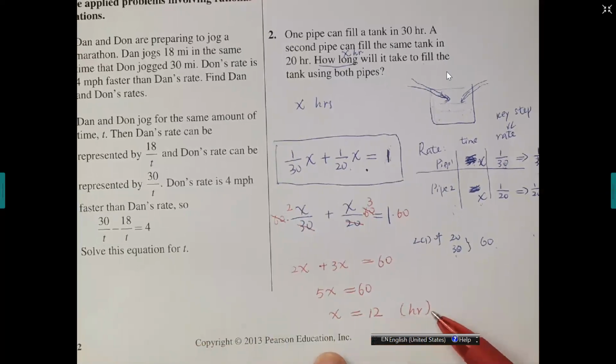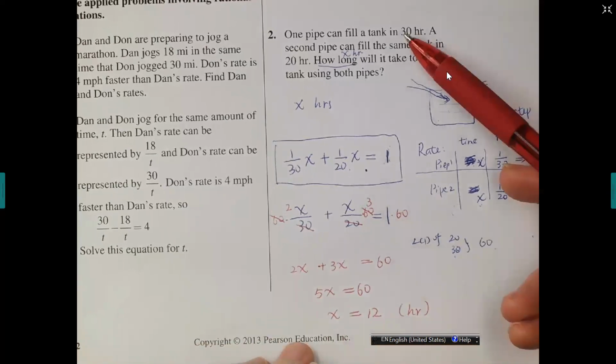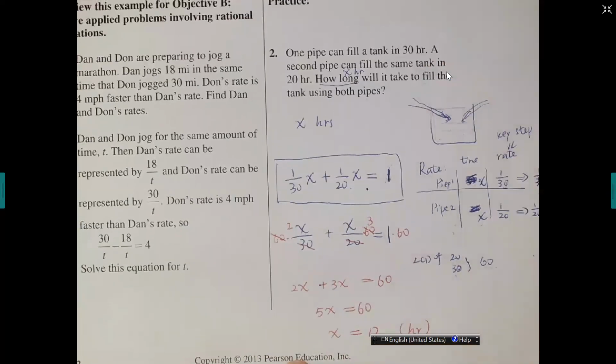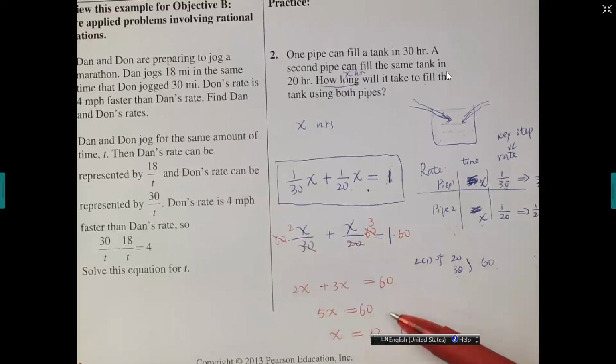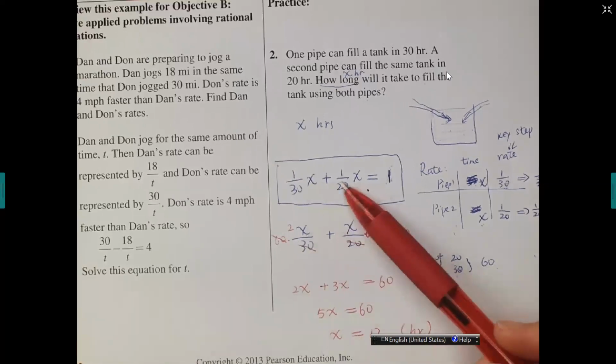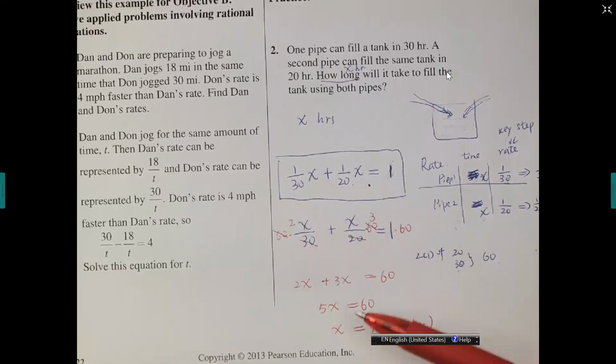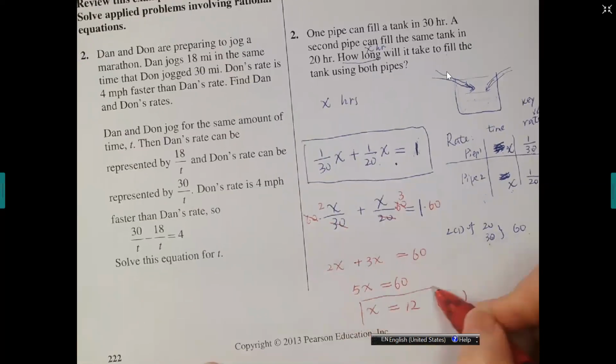It makes sense. If you get a time longer than 20 or longer than 30, that does not make sense. Okay, so when we have the answer, just quickly check using common sense. It looks good. X, we didn't make any mistake. No denominator has the unknown, and we take this as the true answer.